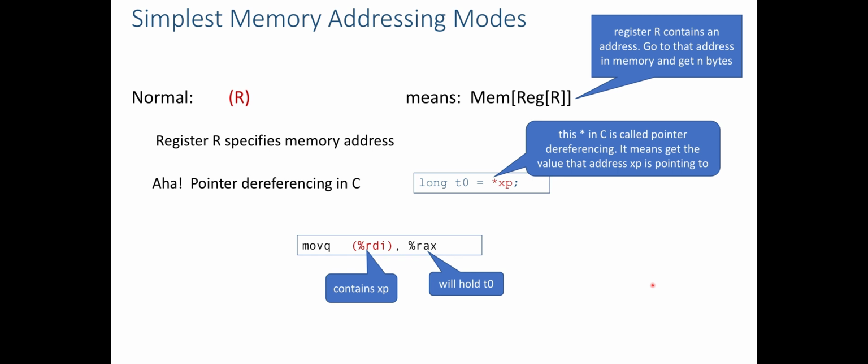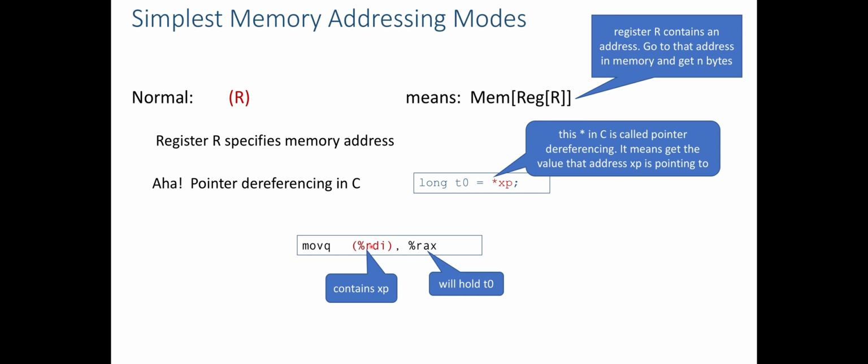So in the last activity, you had code that looked like this, and I had described in the last presentation how this pointer dereferencing matched directly the idea of taking data that XP was pointing to and going into memory and getting it.